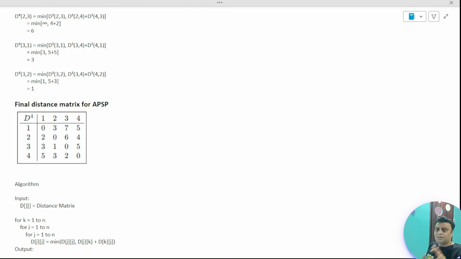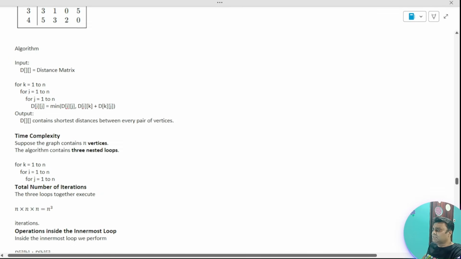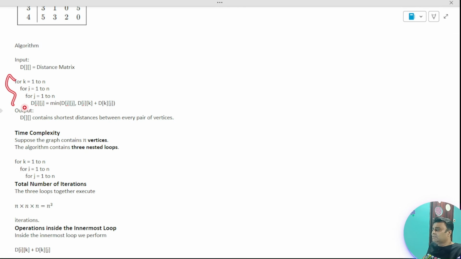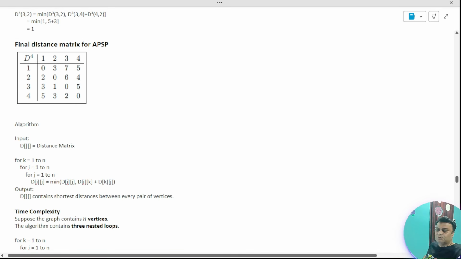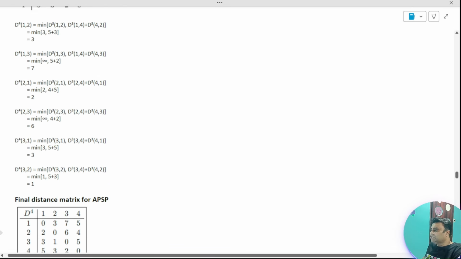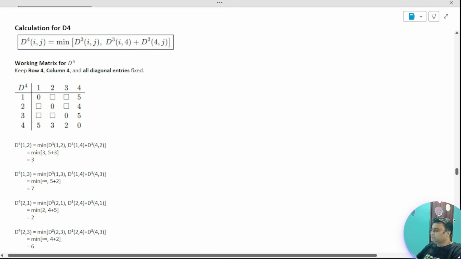As I said, rare chance this will come, but this is how it is done. Maximum chance this will come, and it's a very simple algorithm. We have to take 3 loops because we are working on the rows and columns, and we are also working on that k value, and that k value is the one which is actually shifting the weights.